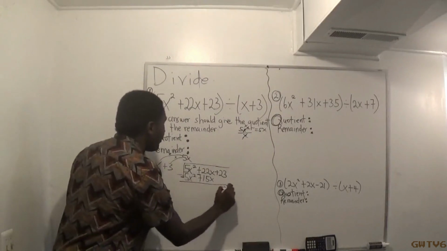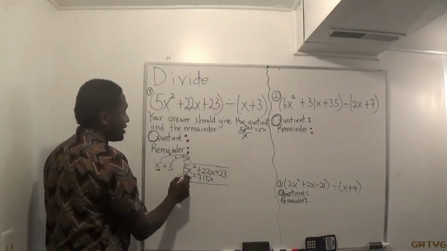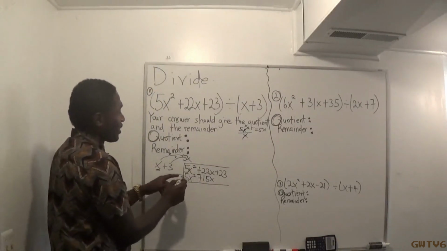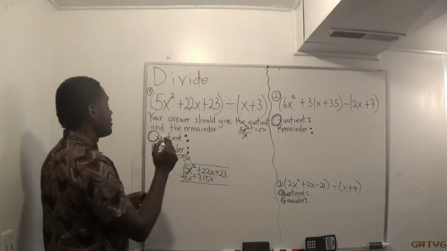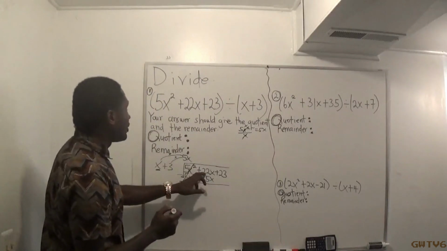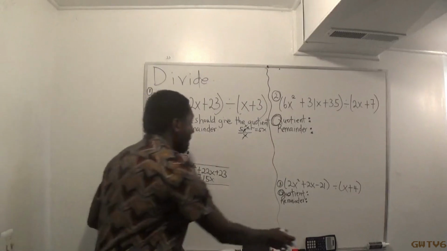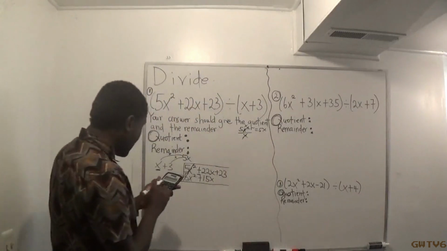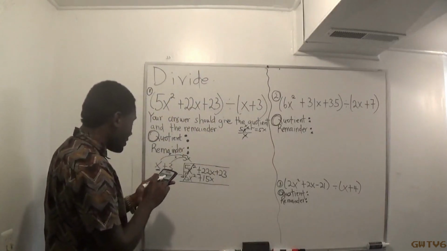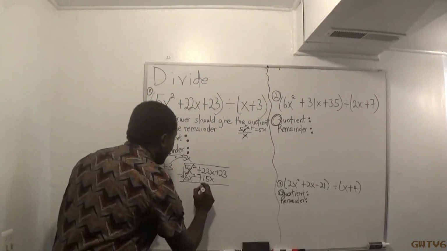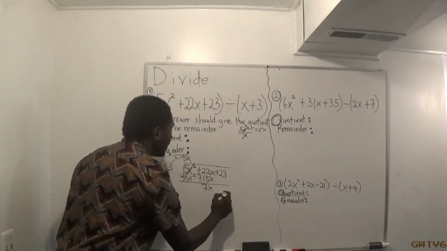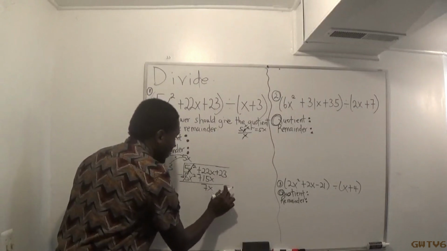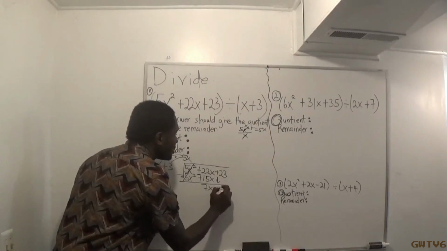Because 5 minus 5 is 0, this will cancel. So now I have 22 minus 15, which is 7. So I have my 7x. I bring down this side right here, plus 23.